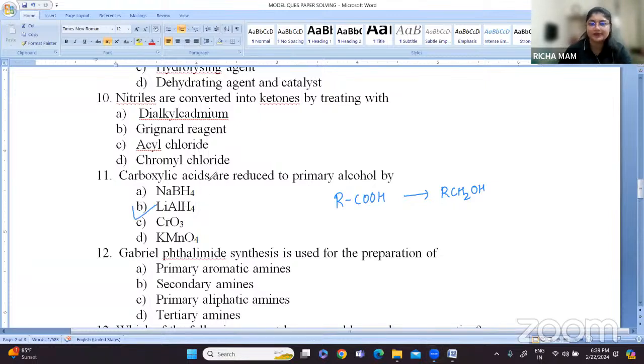Dhanush and Vedvati, your answer is not right. It is A, that is lithium aluminum hydride.